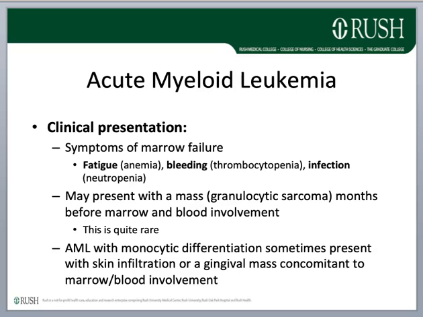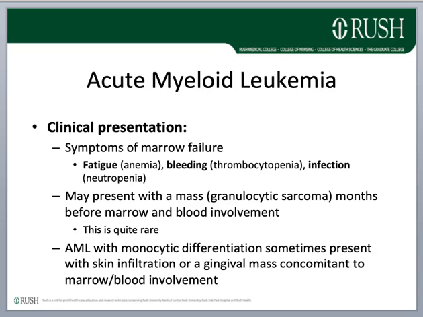Occasionally, the AML may present as a mass, and we call these granulocytic sarcoma primarily for historic reasons. They are neither granulocytic because they're blasts, nor are they sarcomas because these are hematopoietic neoplasms. But the name has stuck, and occasionally these masses may present months before marrow and/or blood involvement is evident.